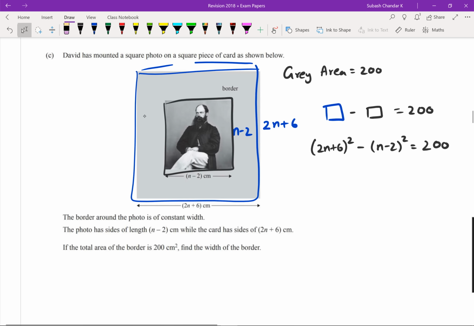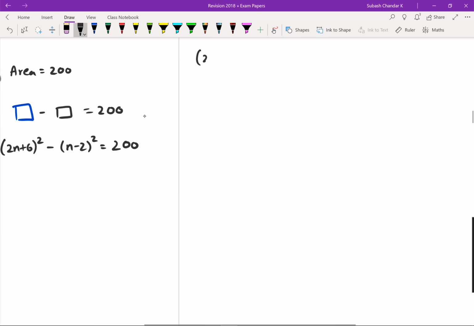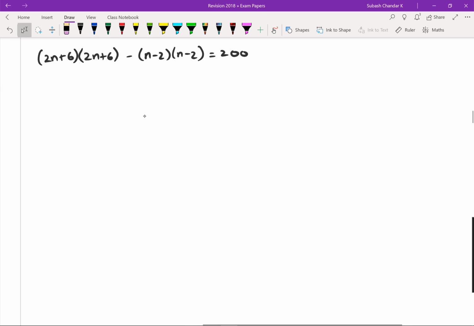Now it says set up a quadratic or find an expression for the width in terms of n. No, it's all right, I'll just work through this question. Let me write this up here because I need a bit more space to work with. So we've got (2n plus 6)(2n plus 6) minus (n minus 2)(n minus 2) equals 200. Expand the brackets.